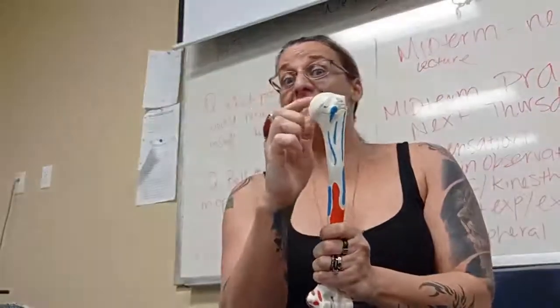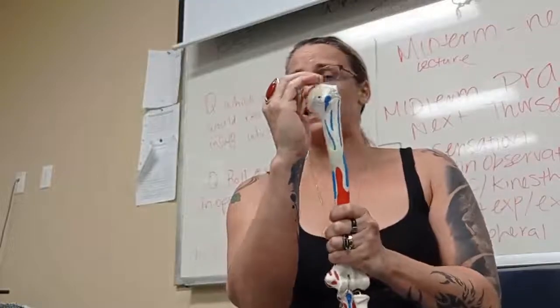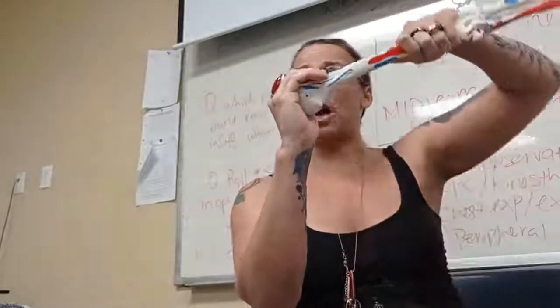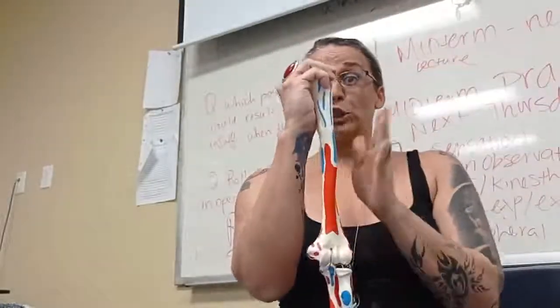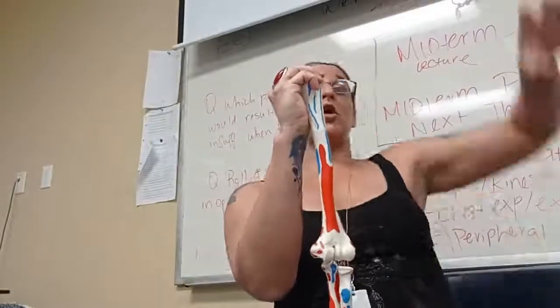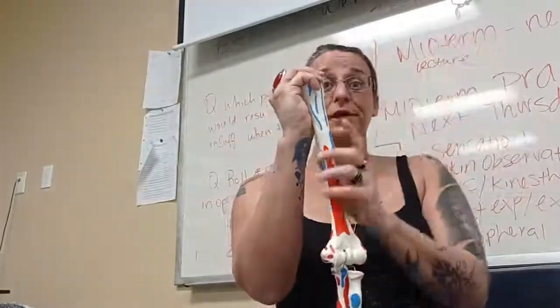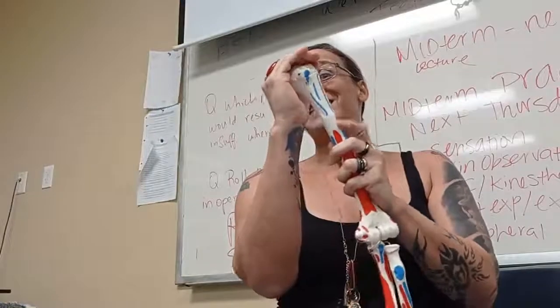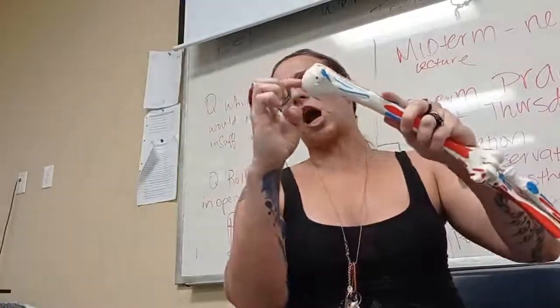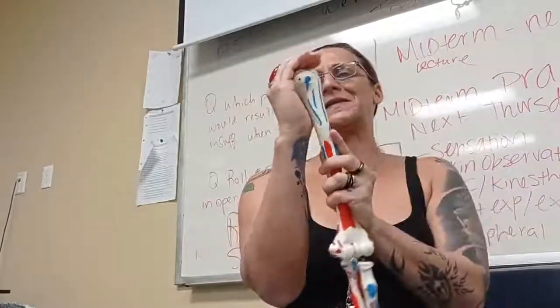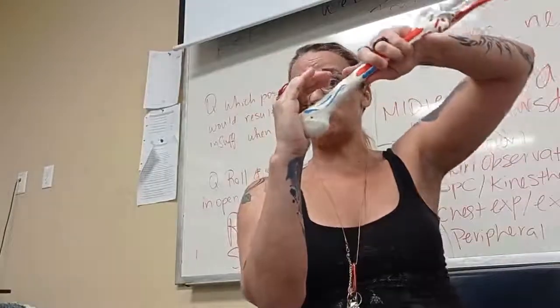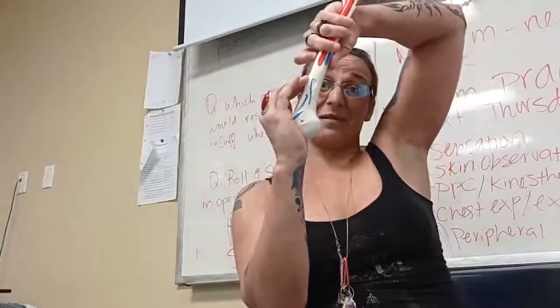So on a convex and concave, as an example, on the shoulder abduction, the roll is where the bone is going. So the roll is superior, but the slide is in the opposite direction because it's a convex on concave. So the slide is down when the roll is up.